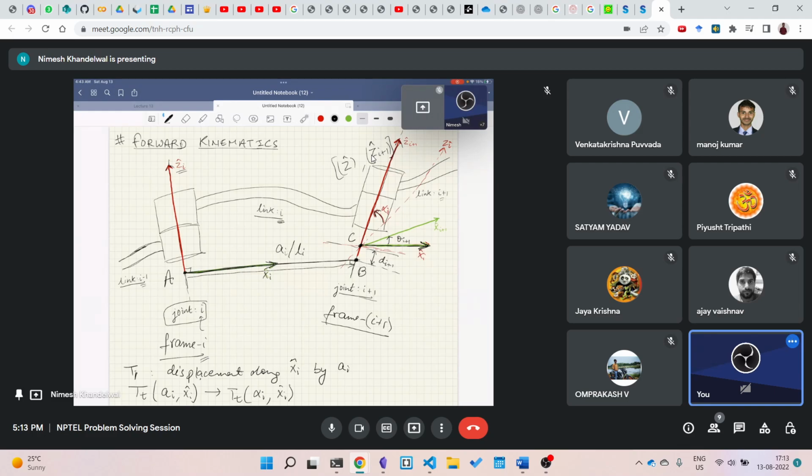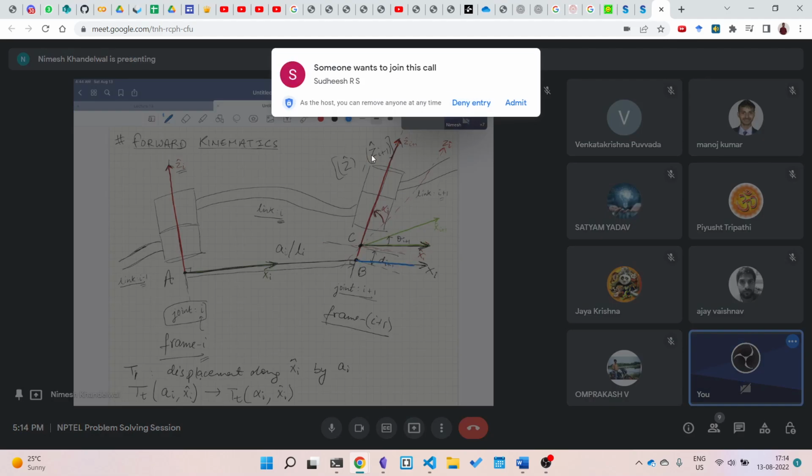But our job is not complete yet. We wanted both frames to overlap each other completely. I just made a mistake here: we have only translated to point B. So right now xi is here, which I'll mark in blue, at point B.